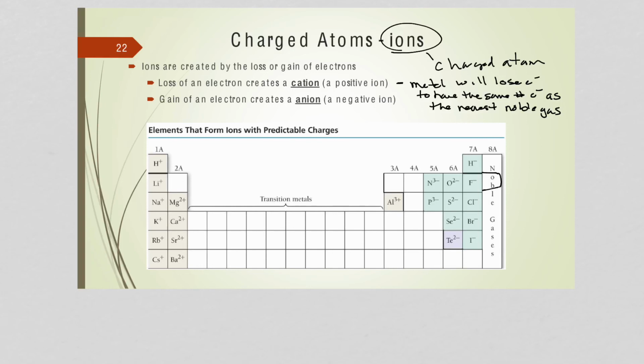Now, the other thing that can happen is we can gain an electron to take on an overall negative charge, which we call an anion. And this is the behavior displayed by nonmetals.